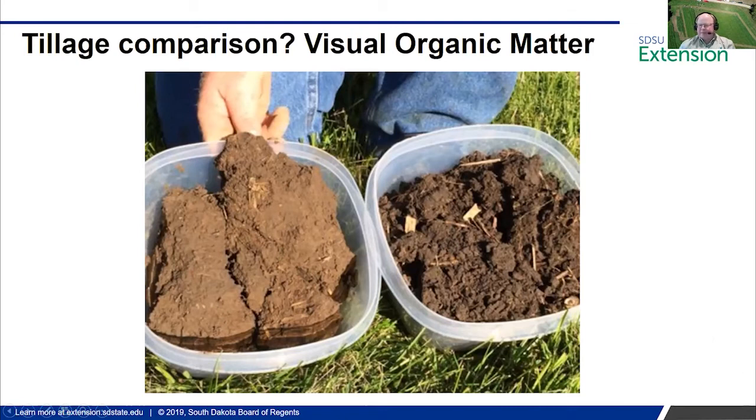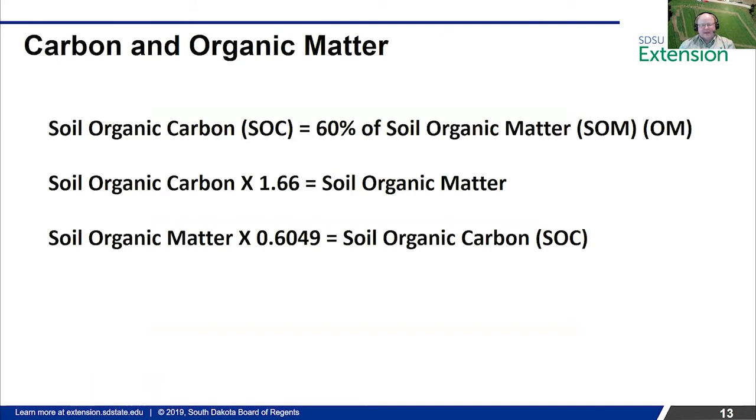I could stop right here, but I've got some more interesting things to say. So if we look at the relationship between carbon and organic matter, organic carbon equals about 60% of soil organic matter. If we just have an organic carbon number and we want to convert it to organic matter, we multiply by 1.66.